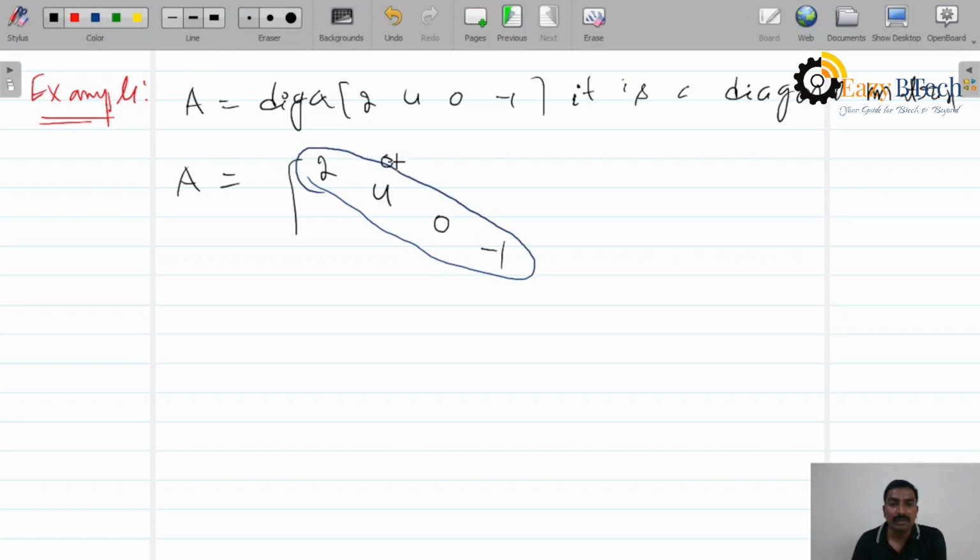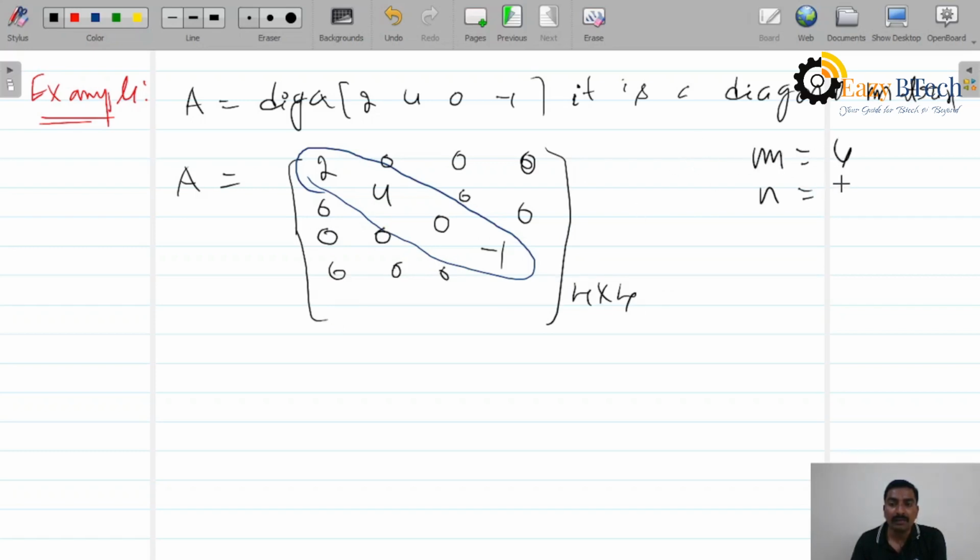This is a 4 by 4 matrix, m equals 4, n equals 4. Above and below the principal diagonal all are 0.